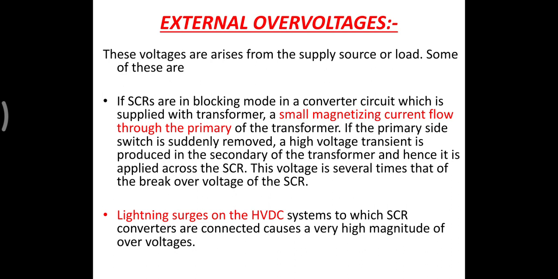So when the switching operation is done, this primary magnetizing current produces high voltages on the secondary side of the transformer. That high voltage may be applied across the SCR.